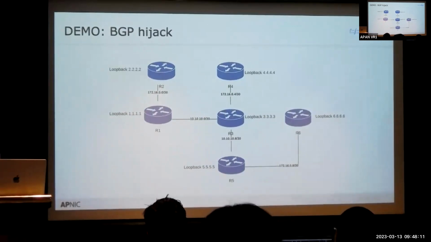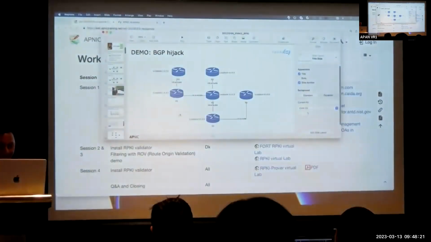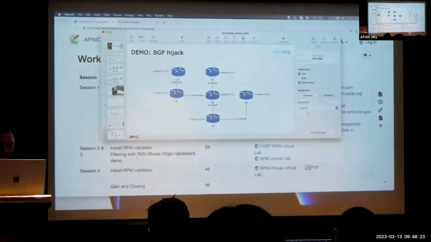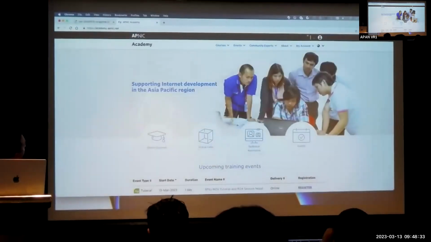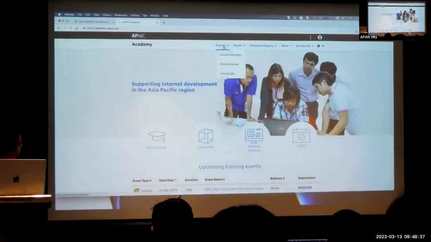Right, so let me just go into the lab and show you. Yeah, I think everyone has it there. You can just go to the courses here on virtual labs.